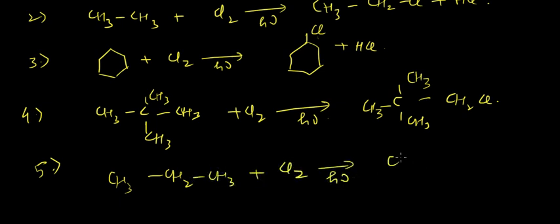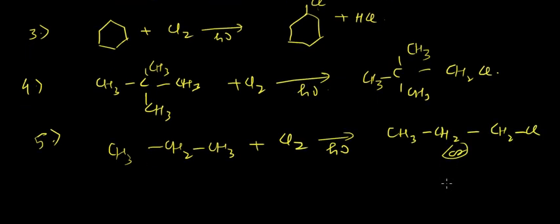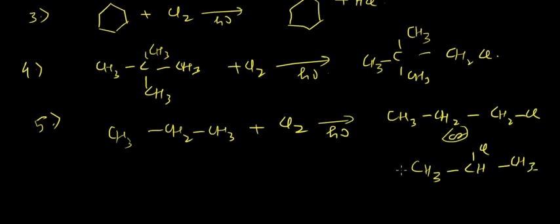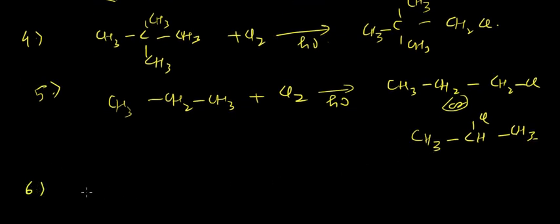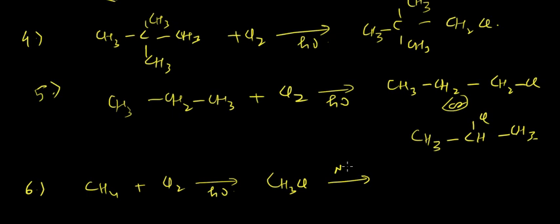We can also have, if we have something like this, then CH3Cl will be formed, and if we apply sodium ether or Wurtz reaction on it, it would become ethane.